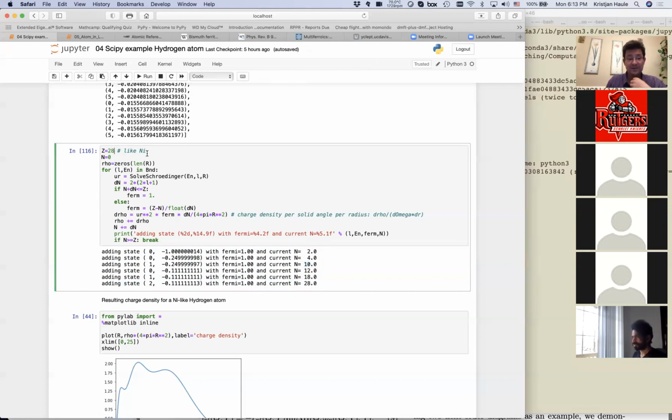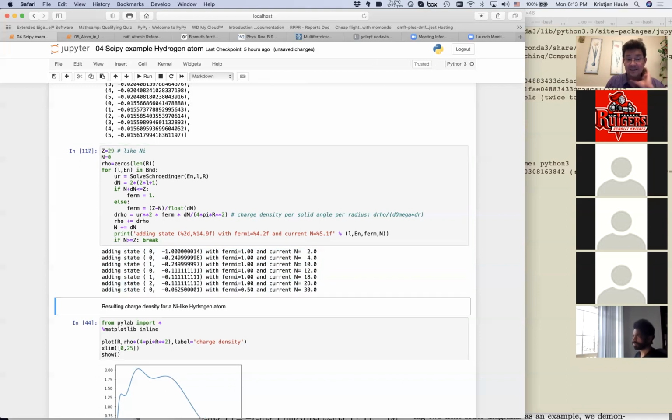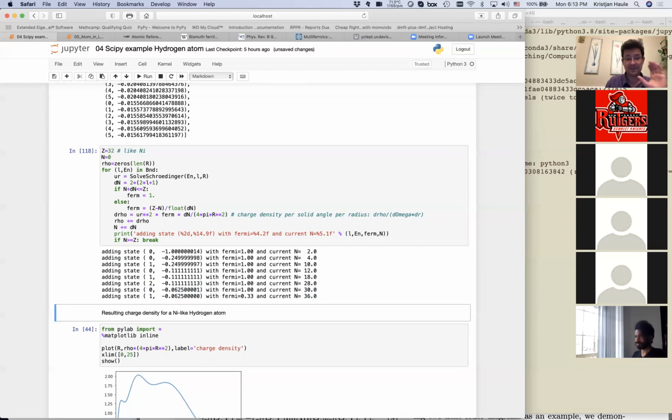Now, if we choose something bigger, let's say 28, 29, then we see that the last orbital, which is going to be now, what is it, 4s? The last orbital has Fermi function half, and occupation then becomes 30. So this works. And again, 30, 31, 32, for example, might be interesting, because in this case, Fermi function is 1/3.